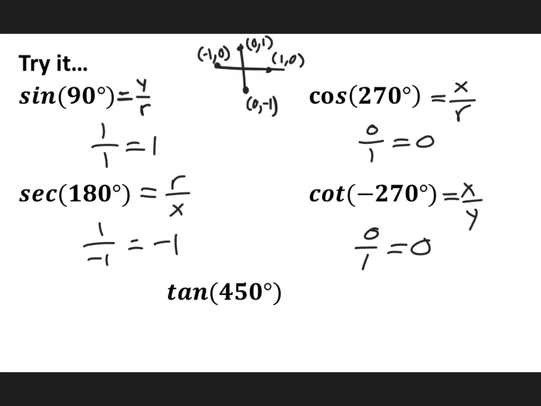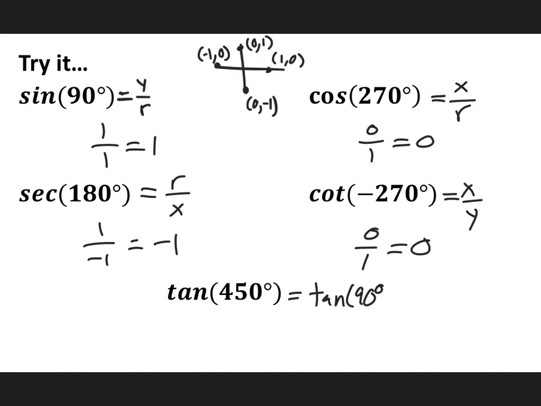Tangent of 450, if we go beyond 360, we can always subtract 360 from that to get back to 0 to 360, so we know what we're talking about a little bit better. So minus 360, that's going to leave us with tangent of 90 degrees. At 90 degrees, we have 0, 1.